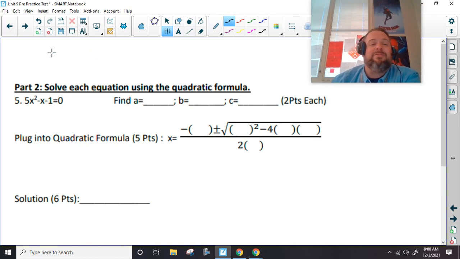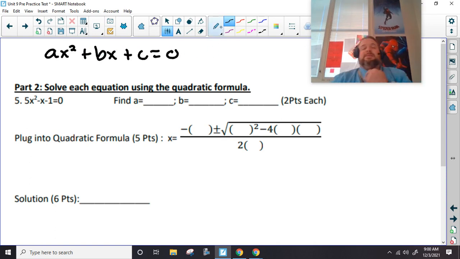Now remember, this is the form. So this is how we get our A, B, and C. What is A for this one? 5. That's 2 points right there.